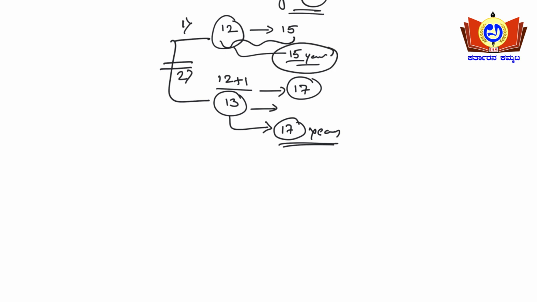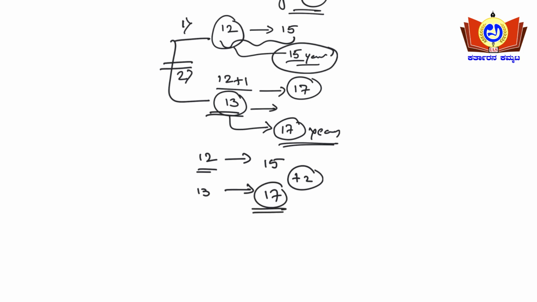The next observation is that the teacher has joined, there are 13 persons, and the average has increased by 2, so all the students and the teacher are of 17 years old.